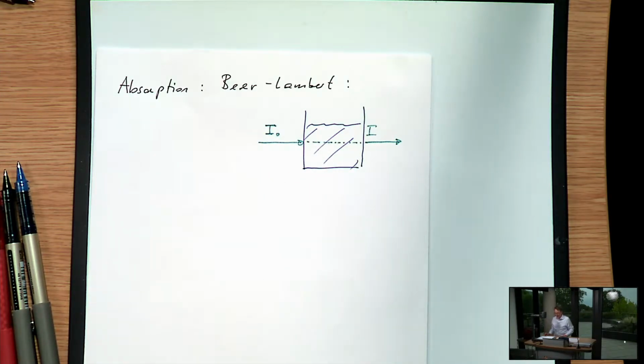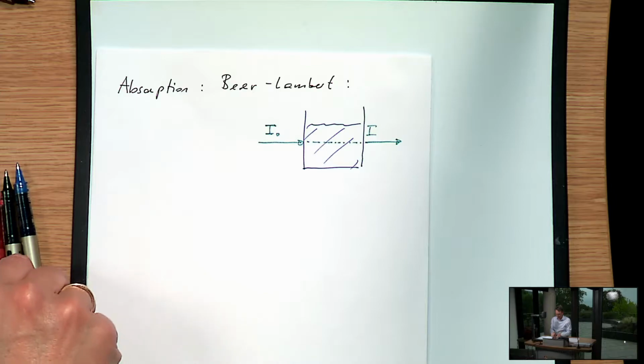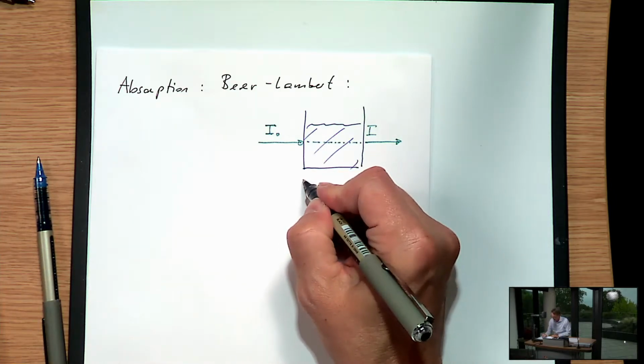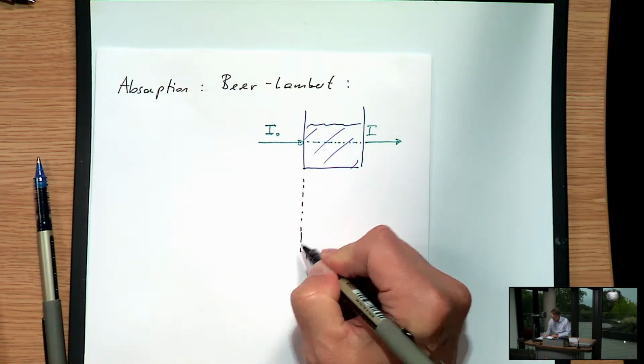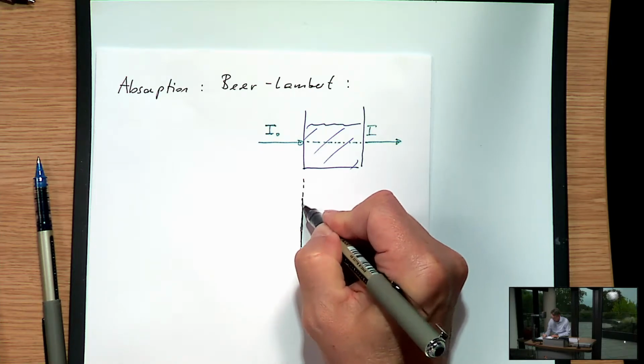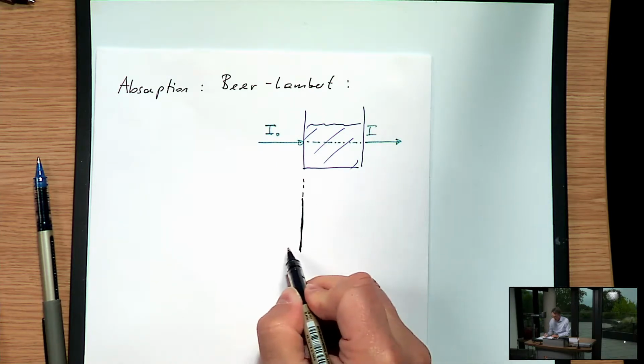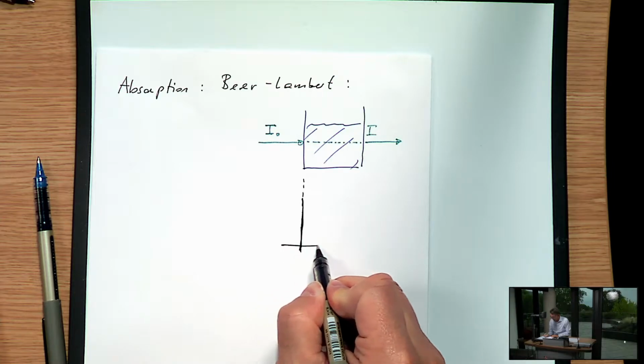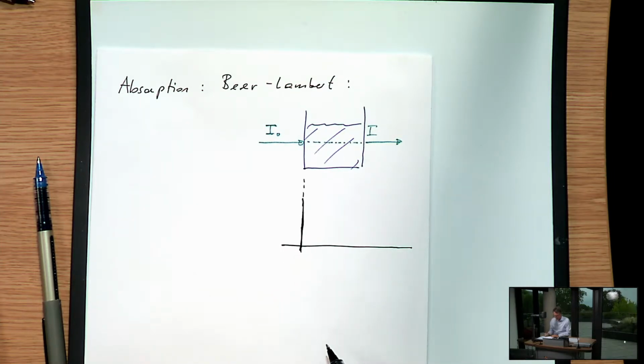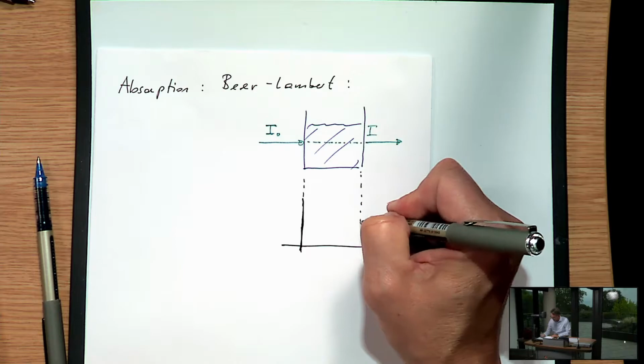So if I were to plot on a graph, so let's just plot this like this. So we start at the entrance of the cuvette, and then we have an axis like that, and then the exit of the cuvette is here.